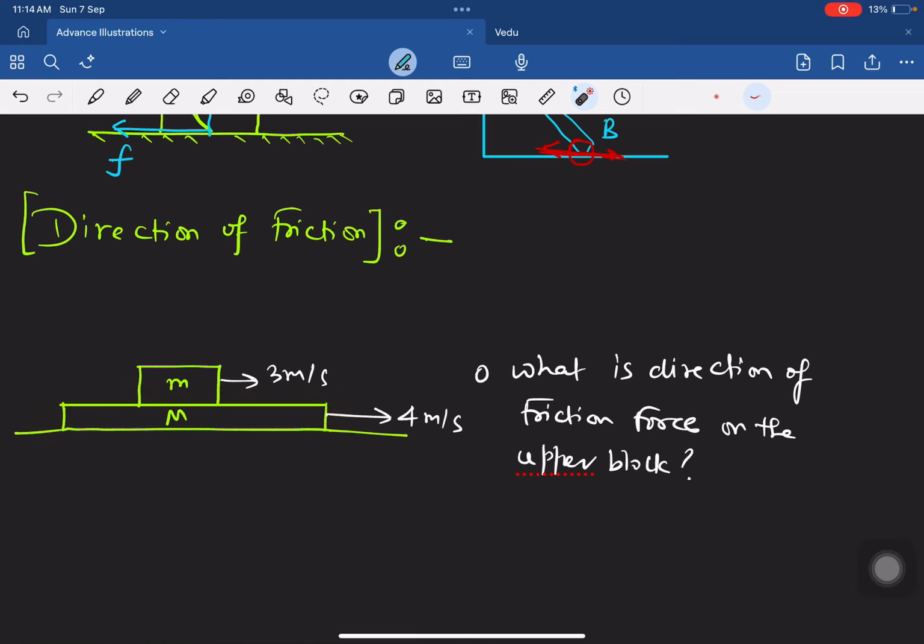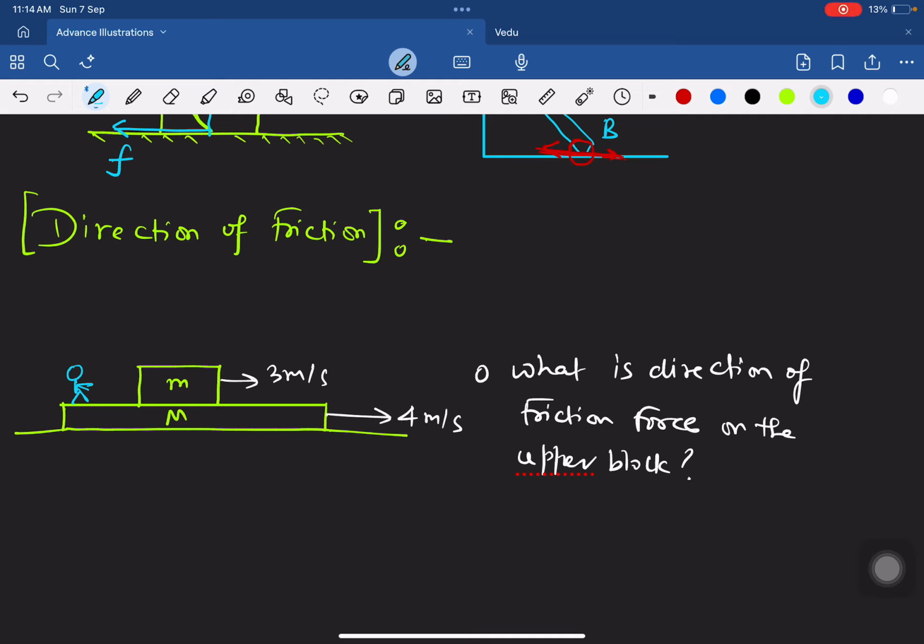So try to understand when and why it applies this force. Guys, see here, the velocity of this is 4 meter per second. Whenever you have to understand the direction of friction force, you should do this simply: you sit on the body from which the force has to be applied on the other body.